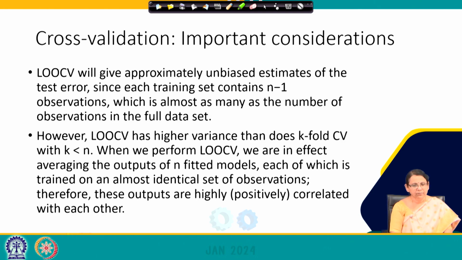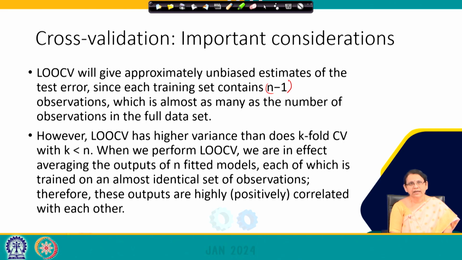Now comparing k-fold cross validation and leave one out cross validation, it is seen that leave one out cross validation will give an approximately unbiased estimate of the test error. Why so? Because each training set contains n minus 1 observations, which is almost as many observations as in the full data set.